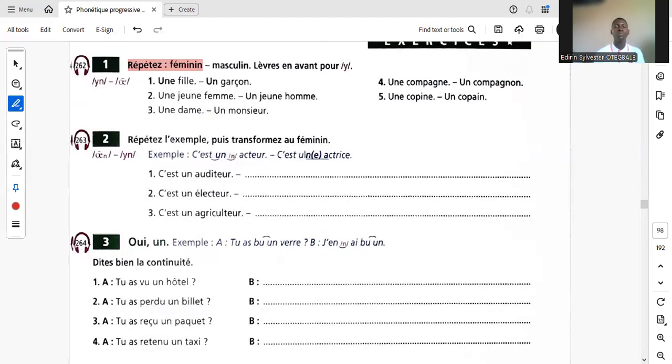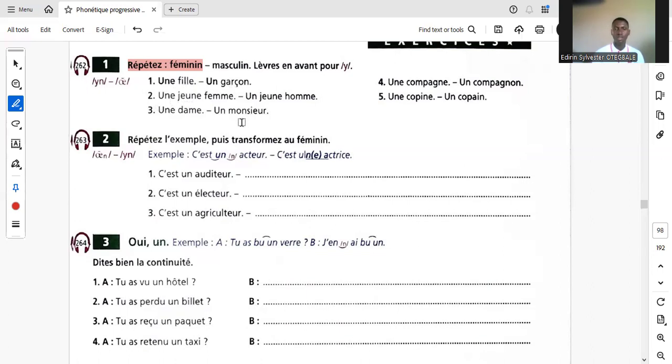7. Une, un. Exercice 1. 1. Une fille, un garçon. Un garçon. 2. Une jeune femme, un jeune homme. Une jeune femme, un jeune homme.